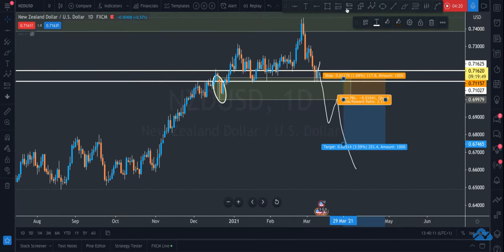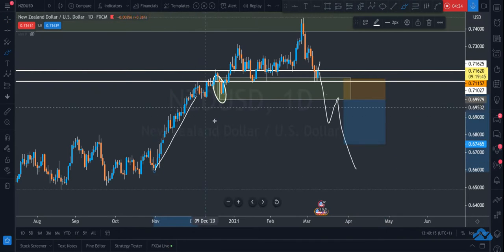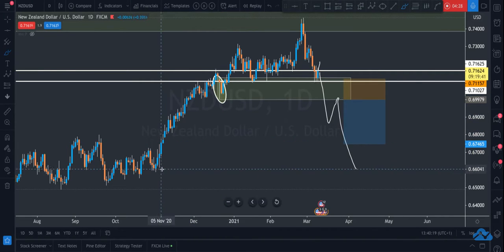Because here we have a very good impulse, okay, but we don't have to wait for the price to reach this kind of level, but we just set our TP some candles above this.